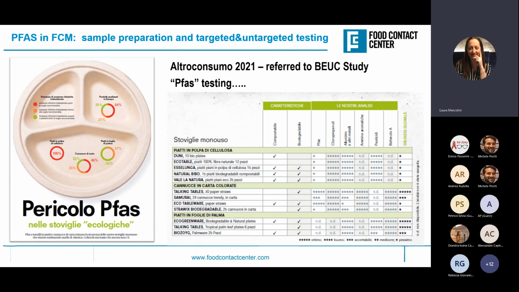And then we go deeper into some rumors that we had in Italy. So we can see here, this is the article of Altroconsumo that is referred to the BEUC study.